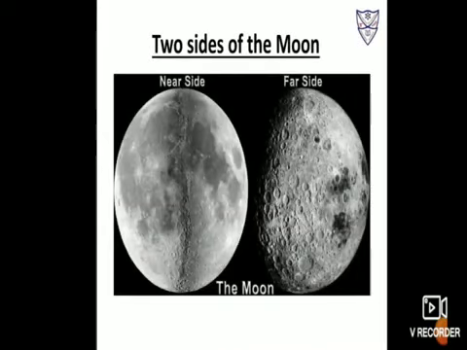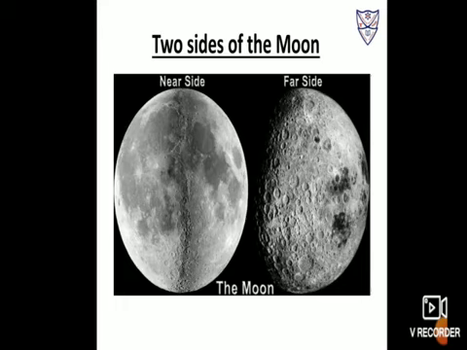Now students, let us discuss the two sides of the Moon. The Moon rotates about its axis in about the same time it takes to orbit the Earth. It means the rotation and revolution of the Moon are the same. The same time it takes to rotate and to revolve.